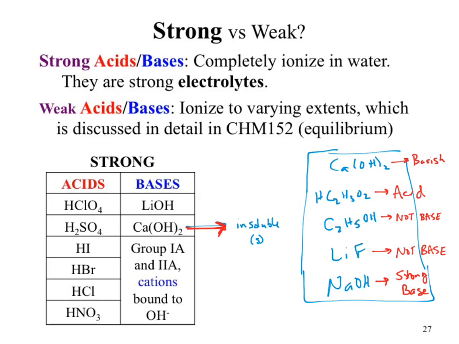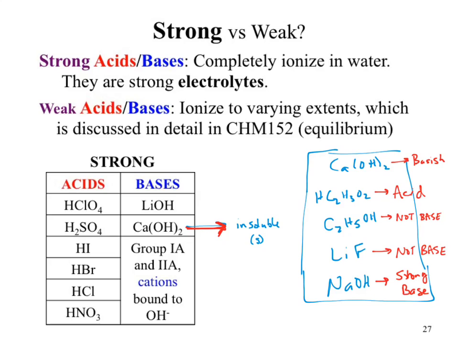The reason it shows up on the list is because what we've gone through and done is tried to give you rules to memorize. When you memorize a rule, you forget all of the exceptions. So more importantly than it being on the list is the group 1A. Yes. And where's calcium, though? It's a group 2A metal. So most group 1, almost all, in fact, sorry, let's try that again.